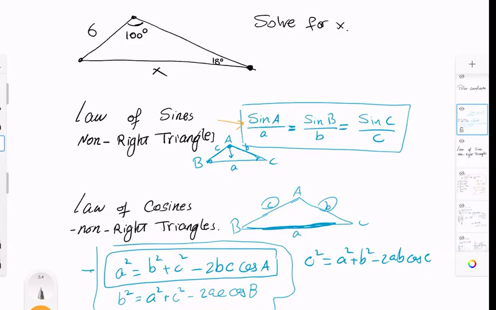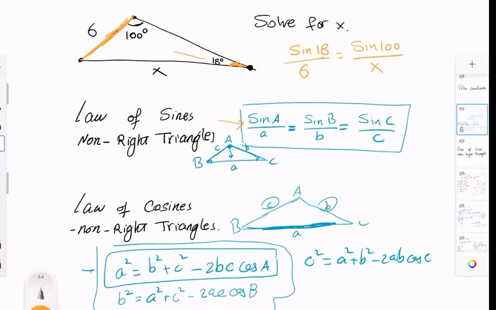So let's say, can I say sine of 18, sine of this angle divided by the side in front of it, 6, equal to sine of 100 divided by x? That's great. We have one equation, one unknown. So we can solve for x. So law of sine works.